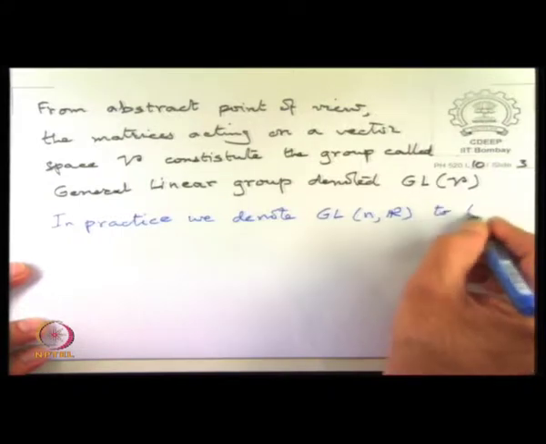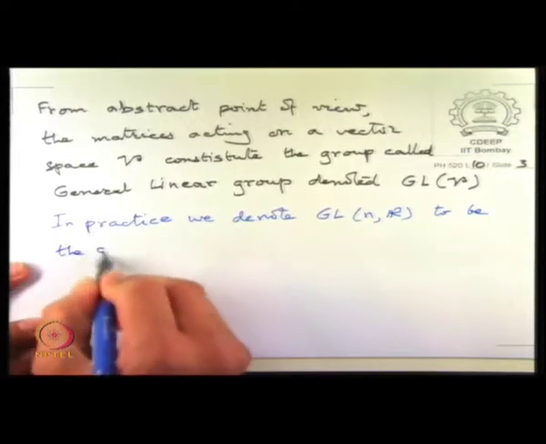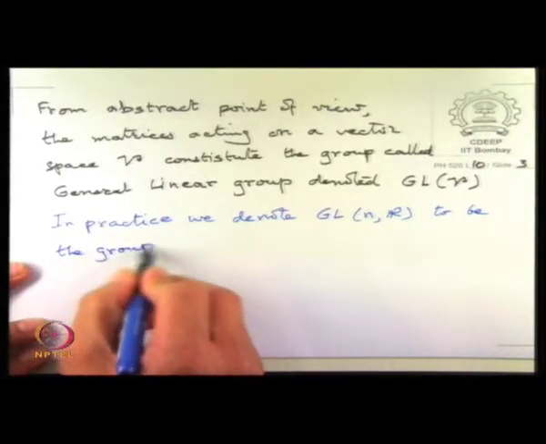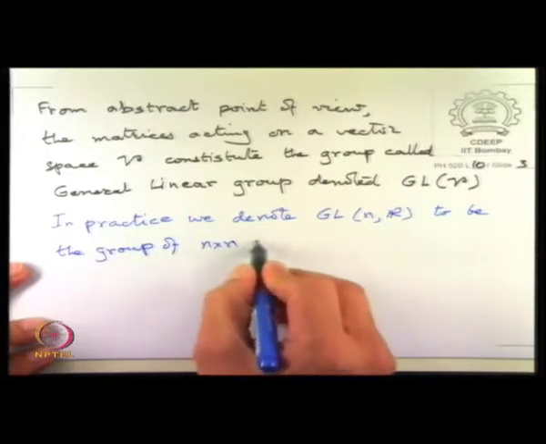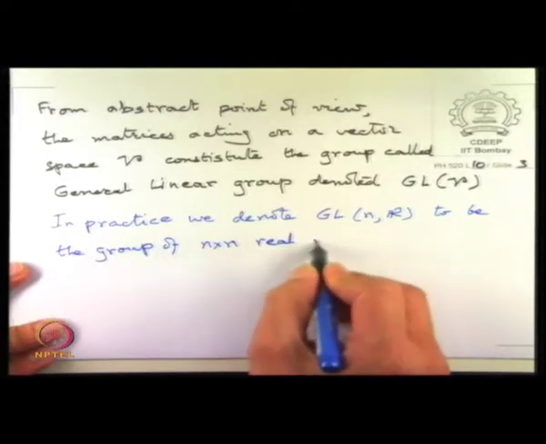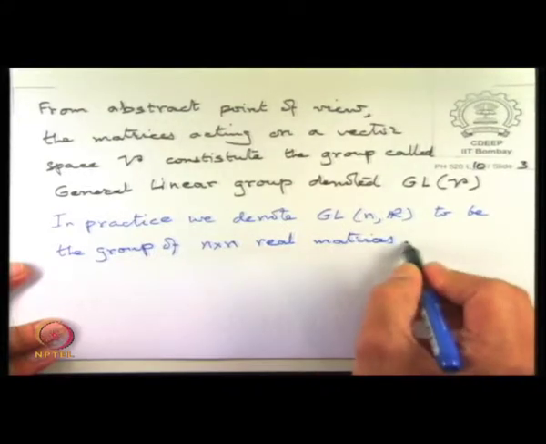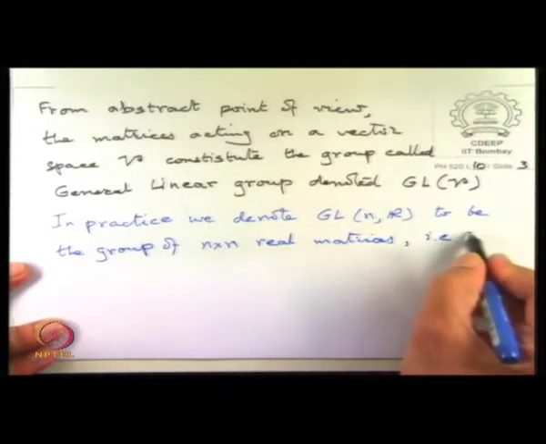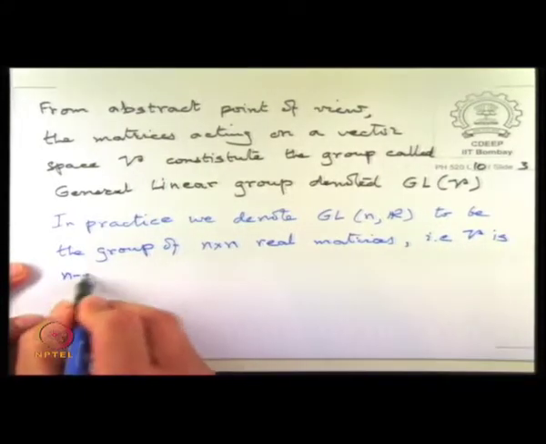to be the group of n by n real matrices, i.e., the vector space is identified to be n-dimensional real vectors.